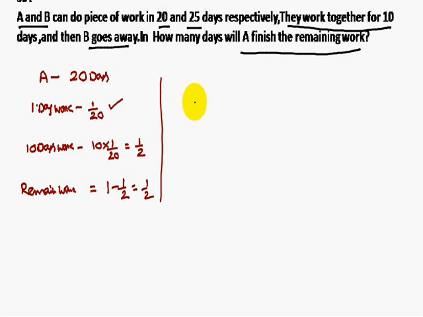A and B can do a piece of work in 20 and 25 days. They work together for 10 days. So A plus B worked for 10 days.